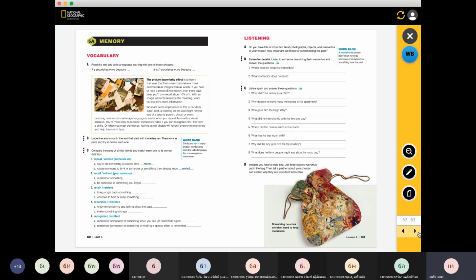When we are talking about brain, what do you guys think about brain? What's the idea you think about brain? It is complicated. Okay, it's complicated.